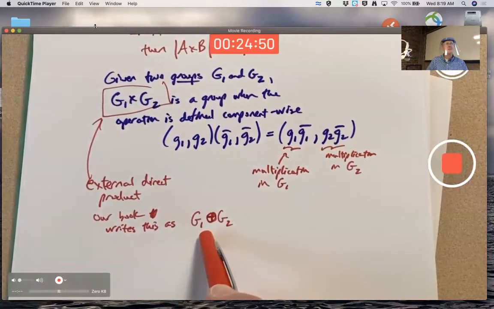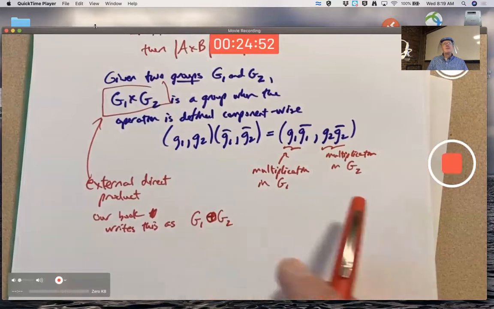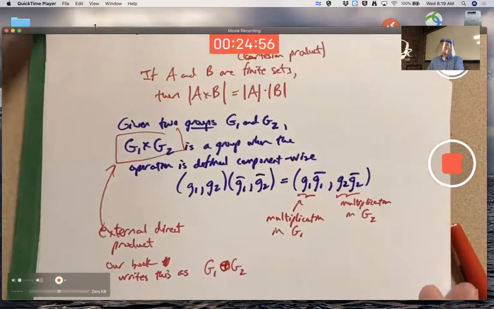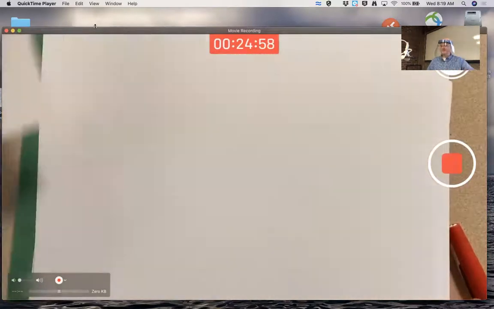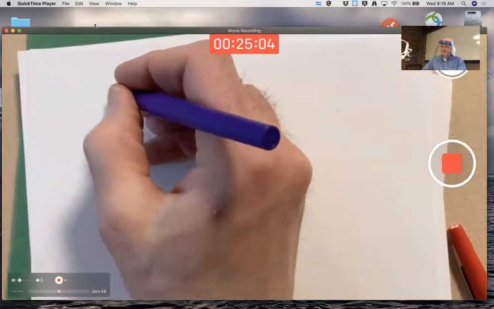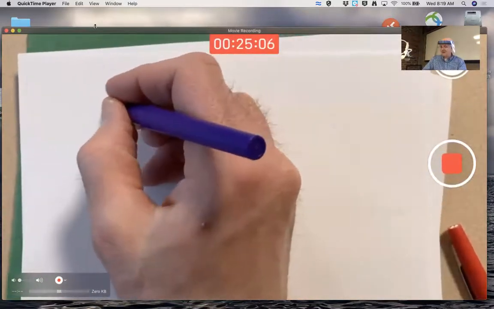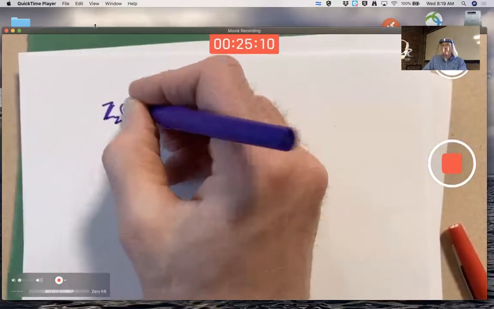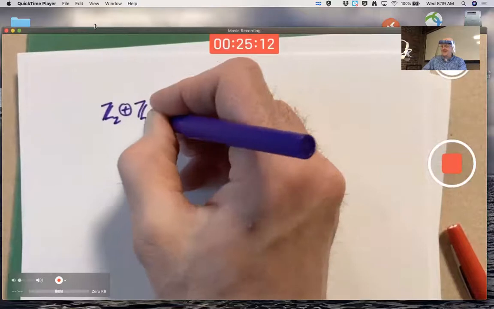Okay. Let's start with a simple example. How about, well, really simple, how about Z2 external direct product with Z1?